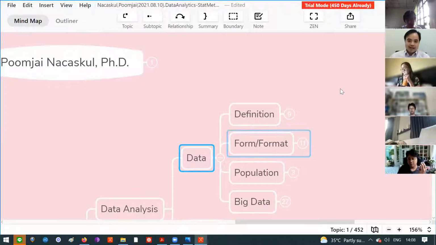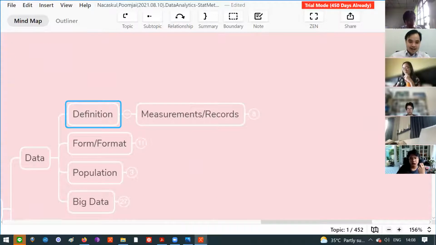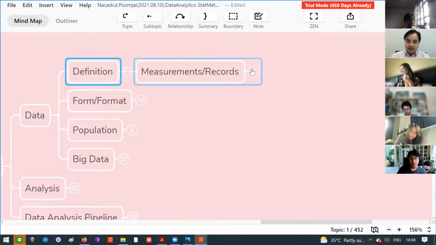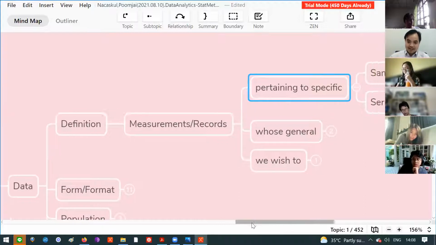Definition. What do you mean by data? Well, in order to be data, it has to be a result of something. It has to be a result of some kind of measurement process, some kind of record keeping. It has to pertain to something specific. Specific what?